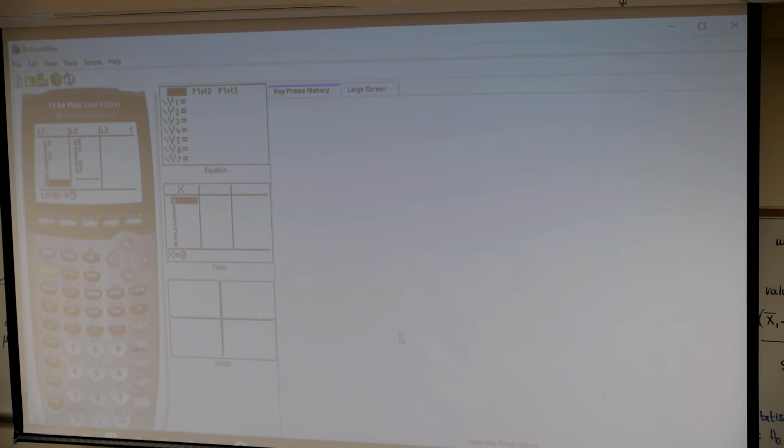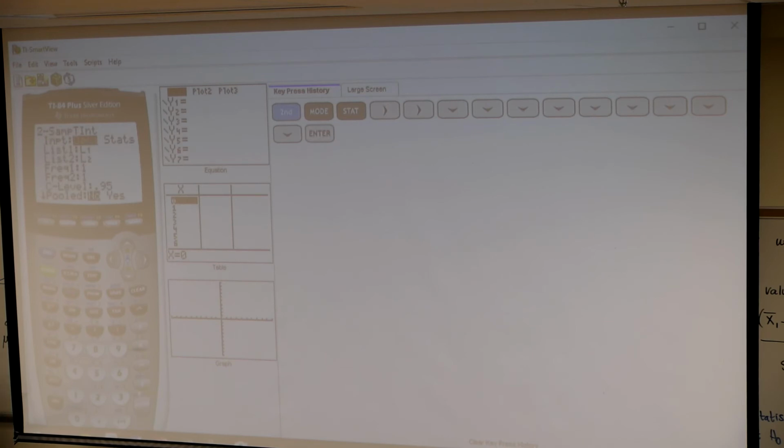So I enter the data, second mode exit, press start, over to tests, and for this part we're trying to get an interval. So I'm going to scroll down, and we have to use a t interval.